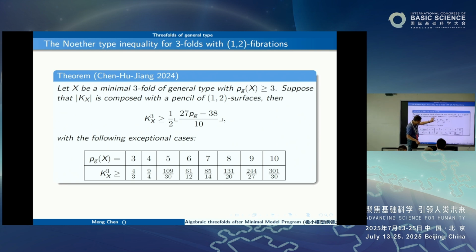For example, in the threefold case, when the geometric genus is small, in each case we almost found all the optimal lower bounds. These are more or less due to our examples and those examples of Chen, Hu, Pignatelli, and Zhang.